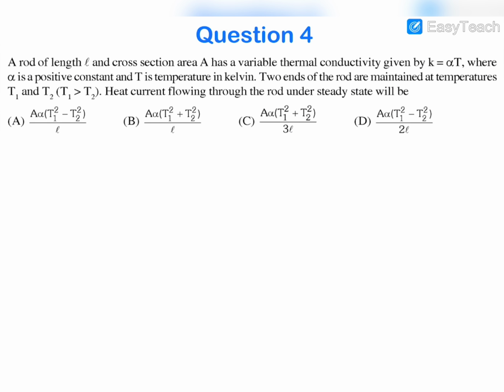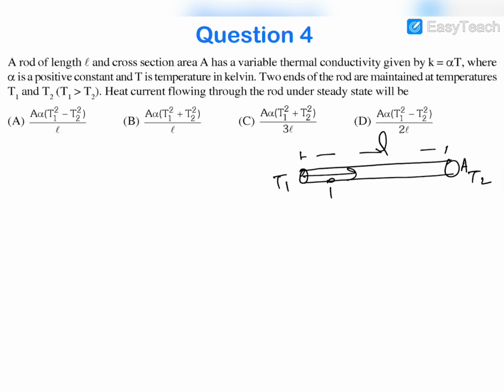Now in this question, you can see that there is a rod of length L, and the area of cross section of the rod is A. The thermal conductivity is variable, and the ends are maintained at different temperatures. So let us imagine that we know that in a steady state heat current would be the same.